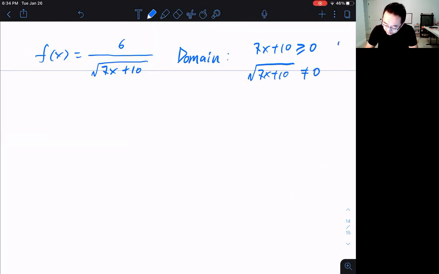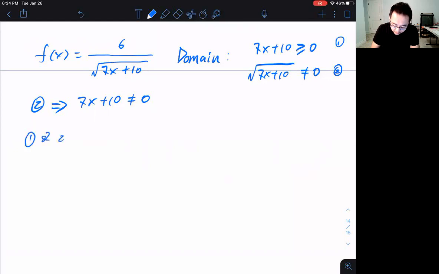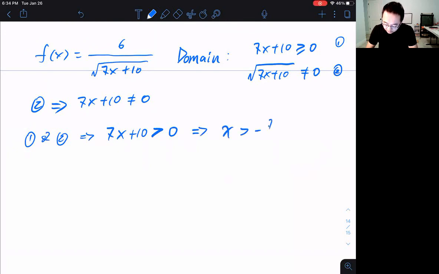If we call this condition 1 and this condition 2, then condition 2 tells you 7x plus 10 cannot be 0, because the only time your square root equals 0 is because what's inside of the square root is 0. So combining 1 and 2 together, really it is saying 7x plus 10 has to be greater than 0. And that gives you x is greater than negative 7 divided by 10.